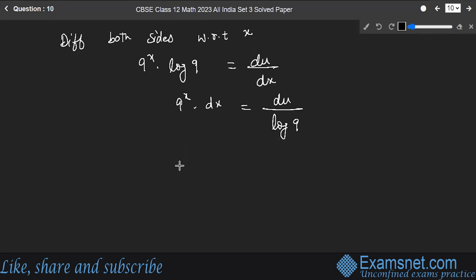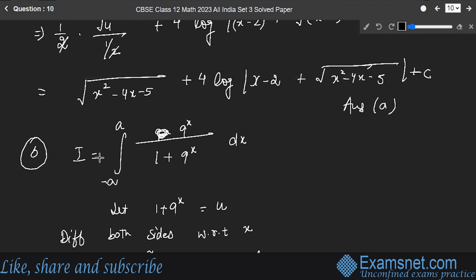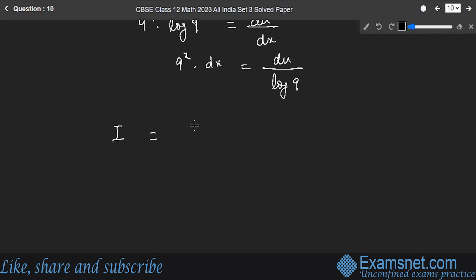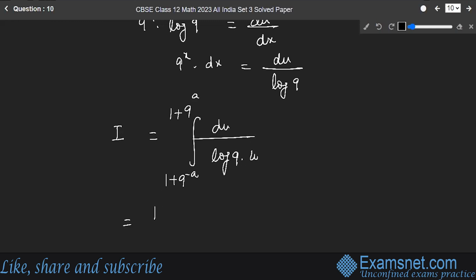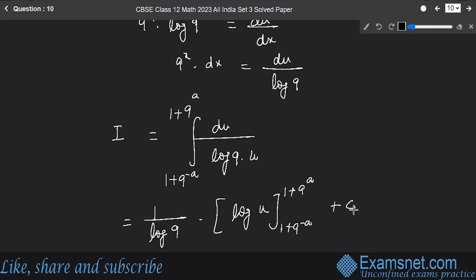So now this integration, if I say this is equal to I, the limits will be changed from 1 plus 9 raised to power minus a to 1 plus 9 raised to power a, du upon log of 9 into u. That's equal to 1 upon log of 9 into log of u, with limits 1 plus 9 raised to power minus a, 1 plus 9 raised to power a, plus c.